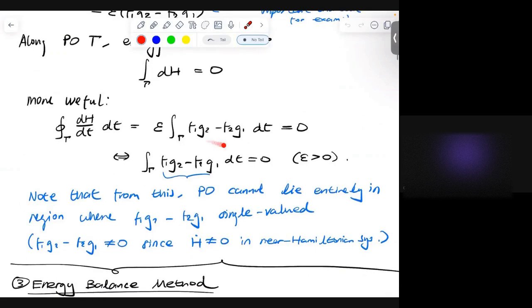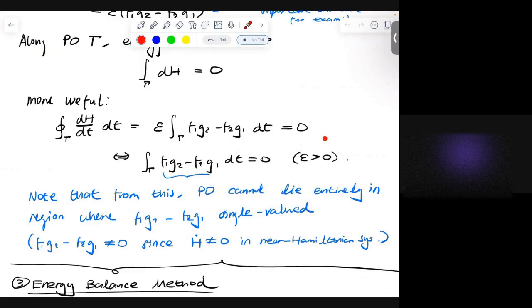So again, epsilon times f1 g2 minus f2 g1 dt is equal to 0. Sorry, not in the original system. This is in the near-Hamiltonian system, so in the perturbed system.